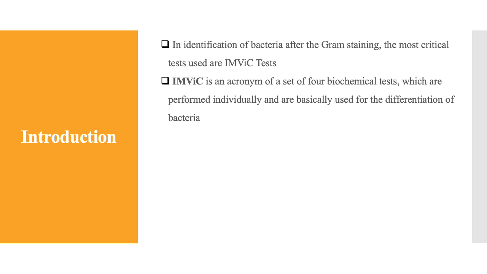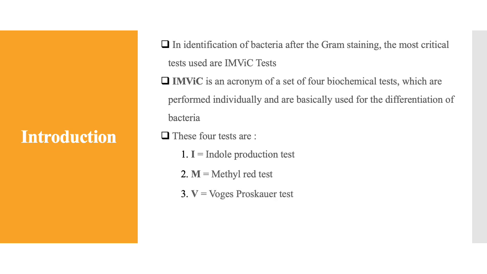IMViC is an acronym of a set of 4 biochemical tests which are performed individually and are basically used for the differentiation of bacteria. These 4 tests are I for indole production test, M for methyl red test, V for Voges-Proskauer test, C for citrate utilization test, and the small case i is used for ease in pronunciation.